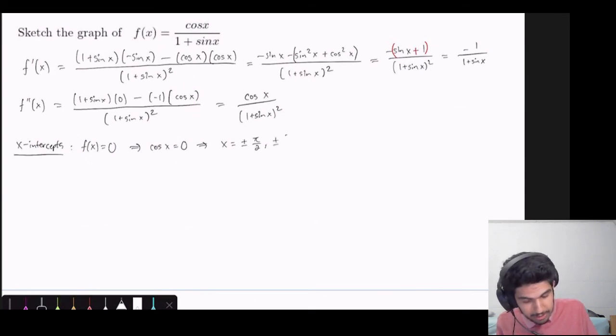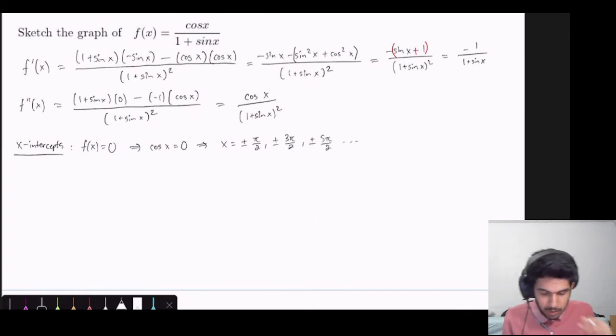It also occurs at x equals plus or minus 3 pi over 2, and plus or minus 5 pi over 2. A ton of places. It goes on and on. And a good thing to notice is that it's periodic in terms of 2 pi. It takes 2 pi to get to here, and it takes 2 pi to get to there. So this periodicity, I hope that's a word, will come into play very soon.